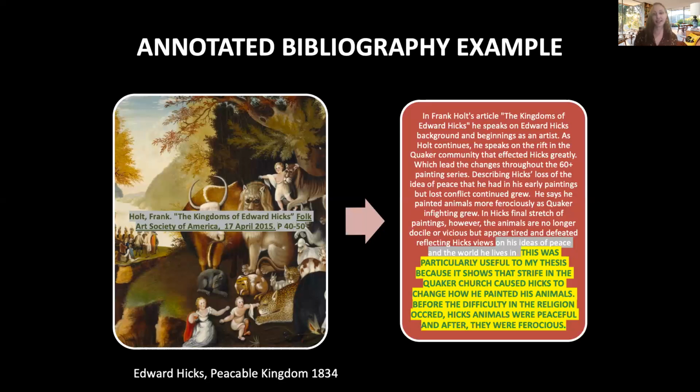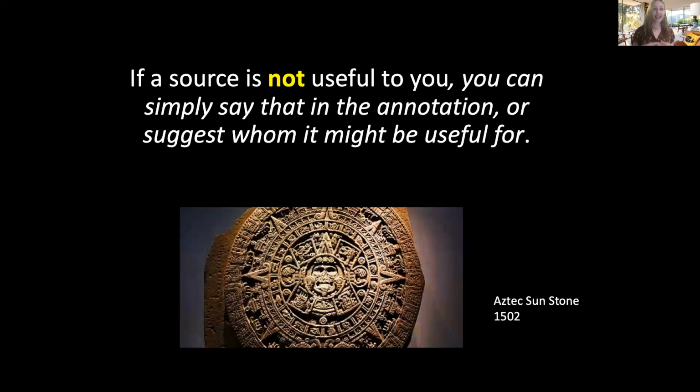Aha! Now I'm not saying you're going to get an article that is going to be that close to your thesis, but you might get something that's close. And if it's just not useful to you, you can simply say in the annotation or suggest whom it might be useful to.